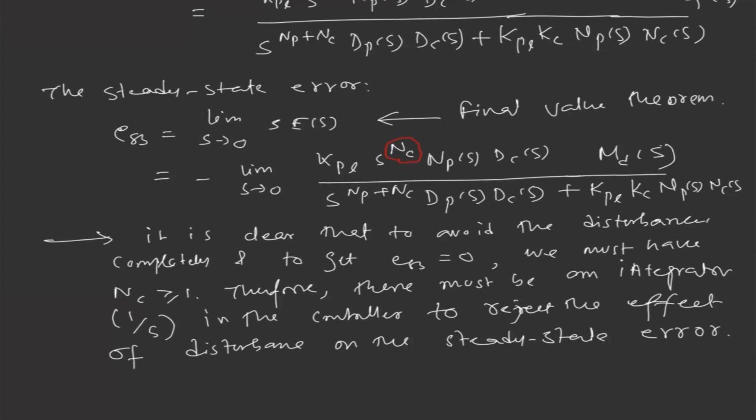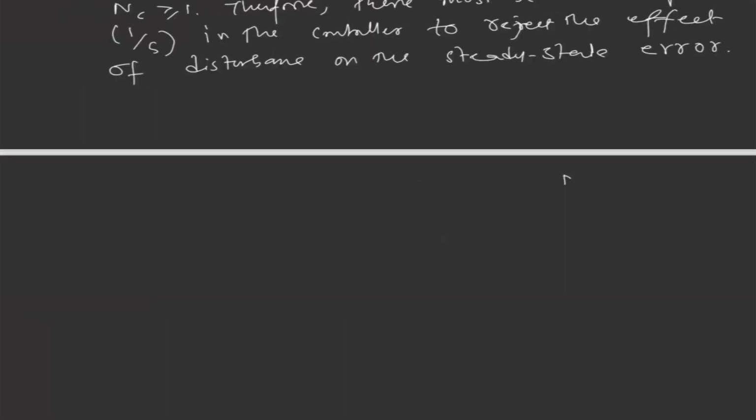Let us consider there is no integrator in the controller, for example a PD controller. If you see the PD controller, what is the structure? We have u(t) equal to K_P e plus K_D e dot. And if you take the Laplace transform, U(s) equal to K_P E(s) plus K_D s E(s).